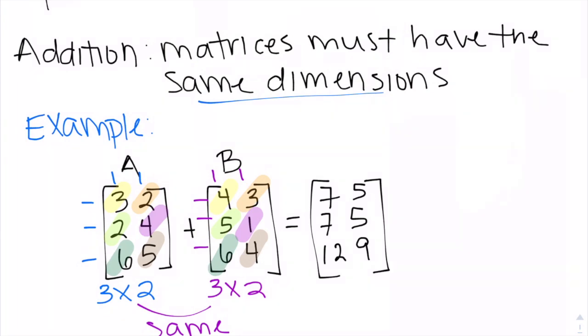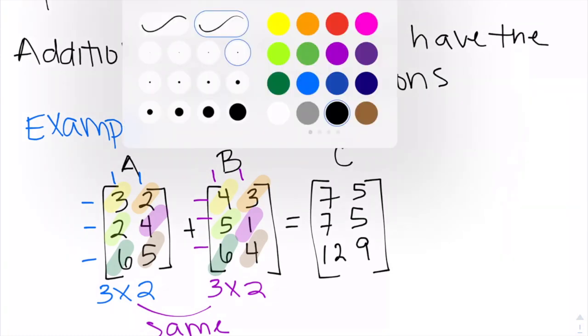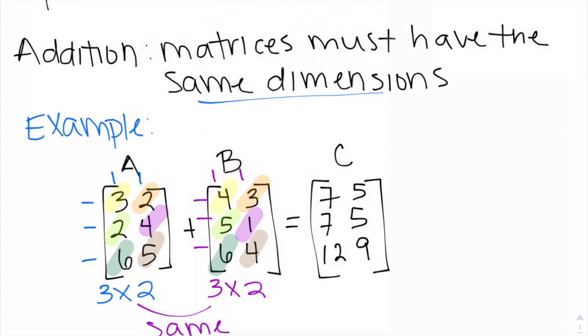So our answer matrix, which we're going to call matrix C, is now solved for, and the dimensions of matrix C is also 3 by 2 because we have 1, 2, 3 rows and 2 columns.